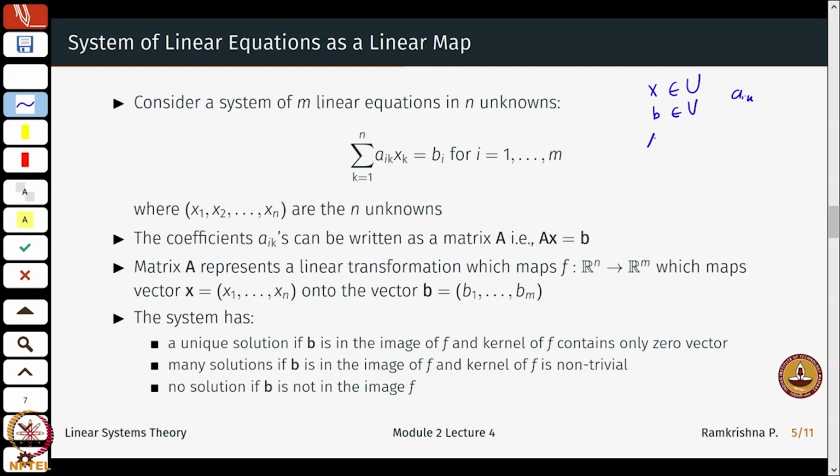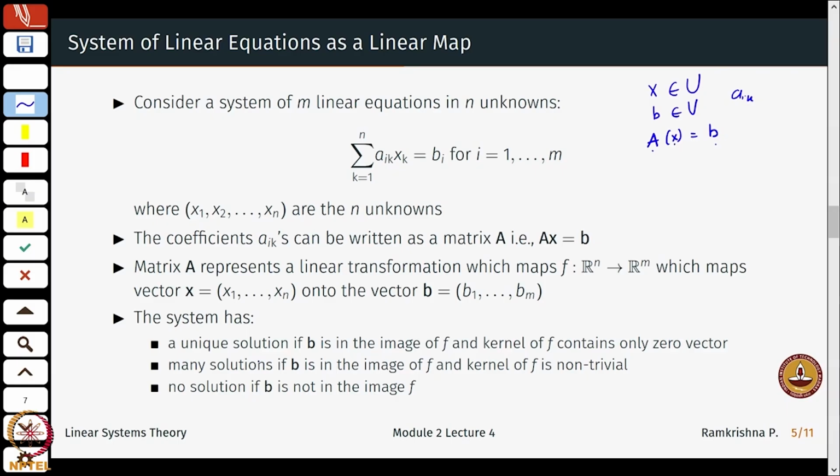If I just denote it as a transformation, A of x will give me this number b, and solving a system of linear equations would mean: does there exist x which under this transformation gives me the number b? Okay, so what can we say about the solutions of this, right?